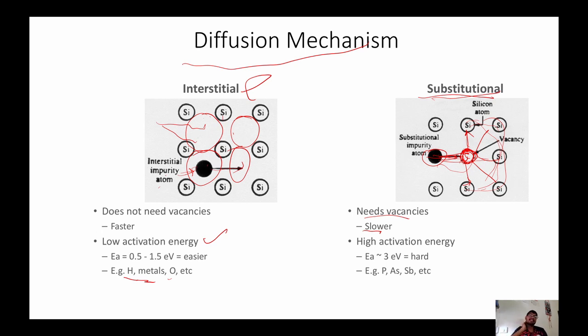That is why the vacancy is important for the diffusion mechanism. Through substitutional diffusion, atoms of similar or comparable size to silicon diffuse. They require high activation energy because there is always a breaking and formation of bonds whenever a vacancy is created.